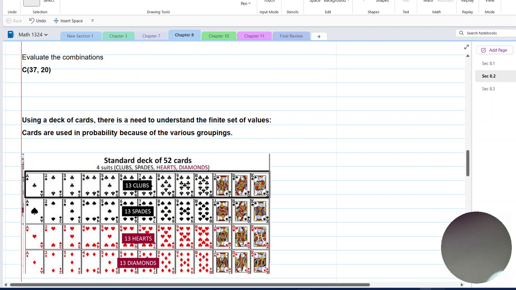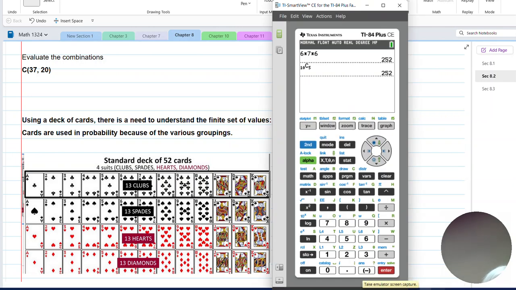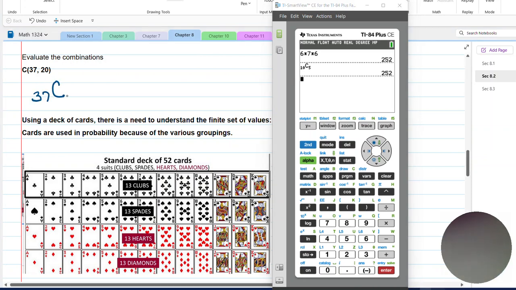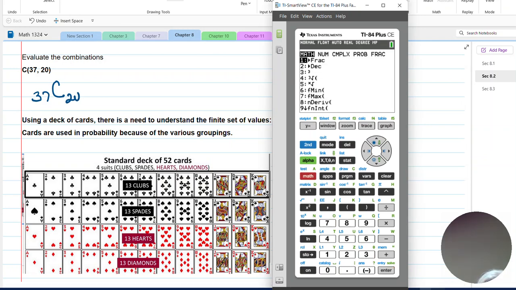And so I'm going to get it right here. And I'm going to enter first my 37 because this is 37C20. 37, math, PROB, number 3, and it's 20. And enter. And notice that this one is huge.